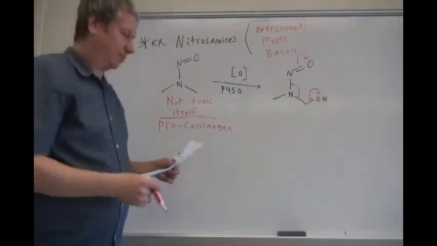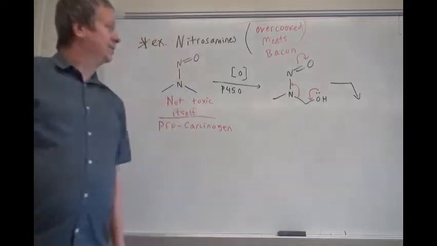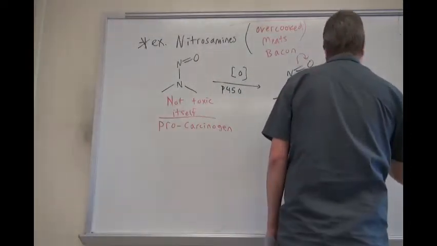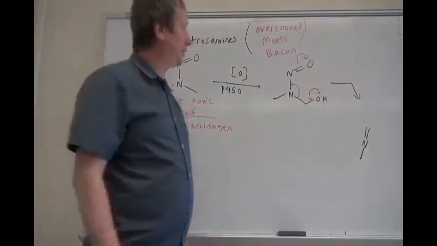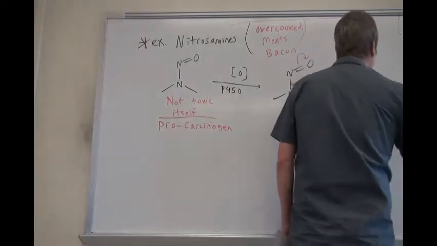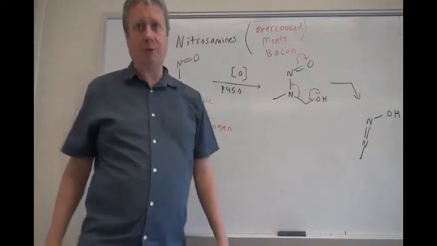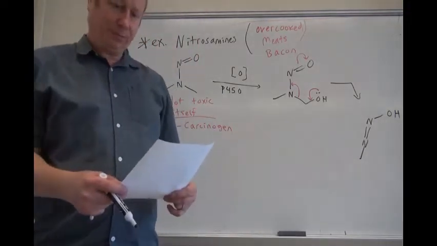So what does that give you? Now carbon is connected to nitrogen. You have a double bond, and you have an N. You have an oxygen. We're assuming the oxygen got a proton from somewhere, maybe water or something. Well, that still doesn't look that weird either.